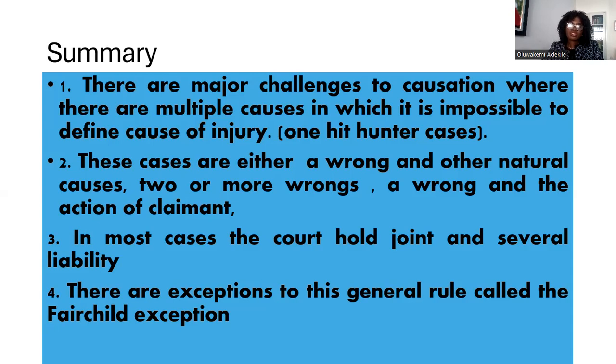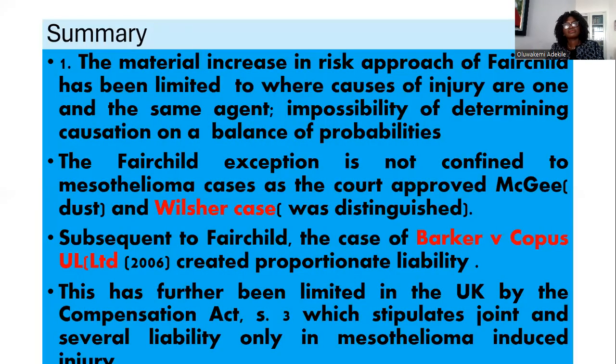In most cases, the court would apply joint and several liability to hold whichever defendant is available jointly and severally liable to be responsible in actual fact for the entire damage. There are exceptions to this general rule, called the Fairchild exception.